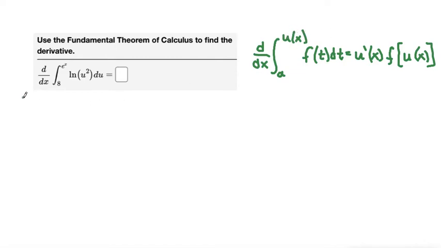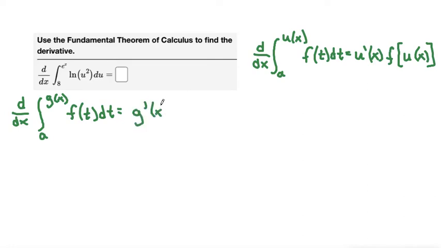So I'm going to rewrite the formula as d dx of the integral from a to g of x of f of t dt is equal to g prime of x times f of g of x. So that's how I'm rewriting my formula for this problem.